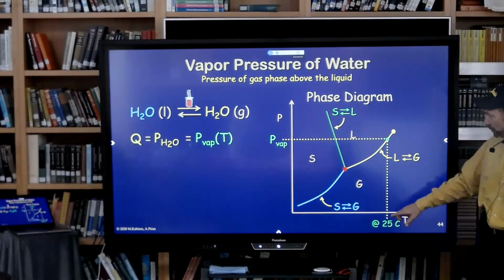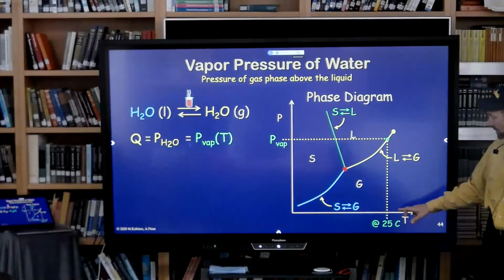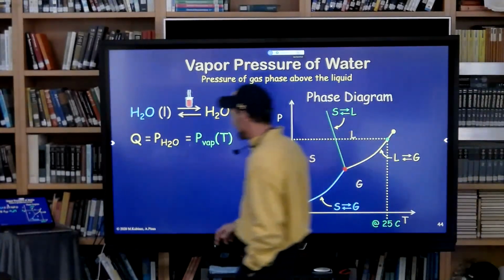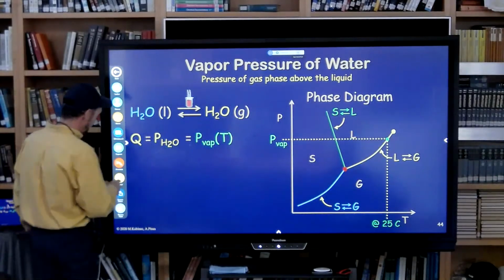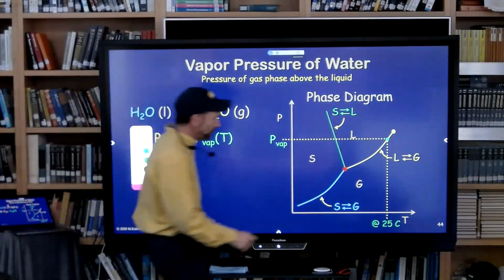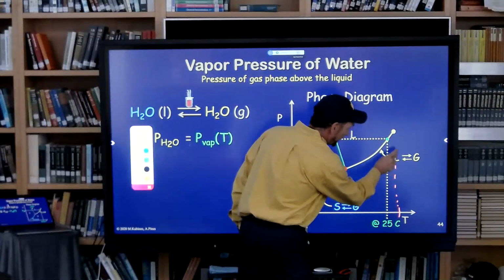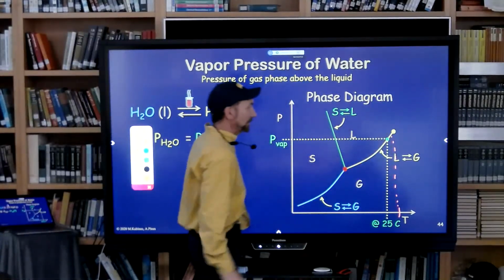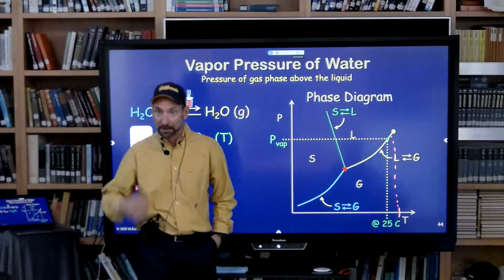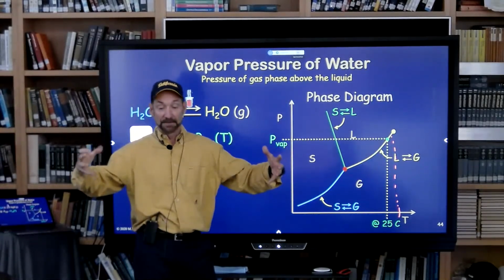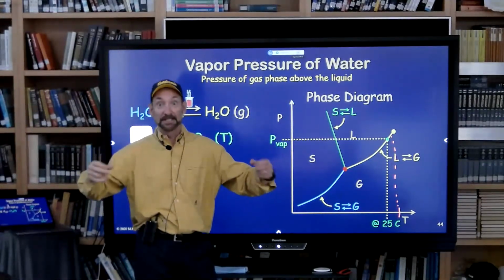That means if that's 25 degrees C, then 100 degrees C must be higher than that. That's obvious. If you go to 100 degrees C, you would get to a higher vapor pressure. And we already know that. The vapor pressure of the gas at the boiling point is 1 atmosphere.